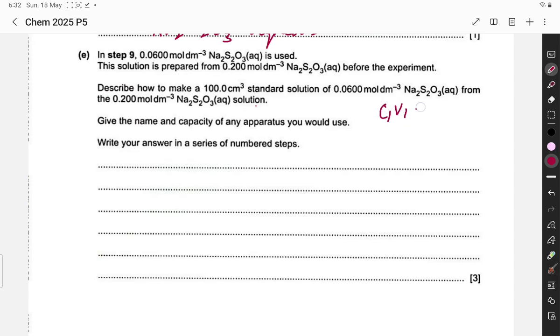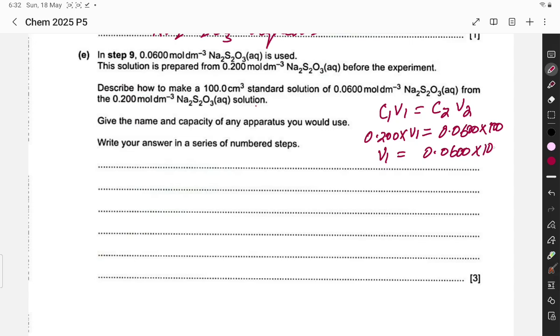So C1V1 is equal to C2V2, to find out the volume of thiosulfate used. 0.200 × V1 is equal to 100 × 0.0600. So V1 is equal to 0.0600 × 100 divided by 0.200. So the volume needed is 30 cm³.